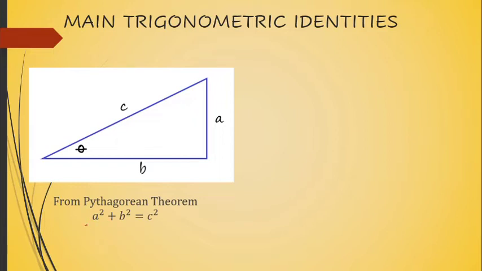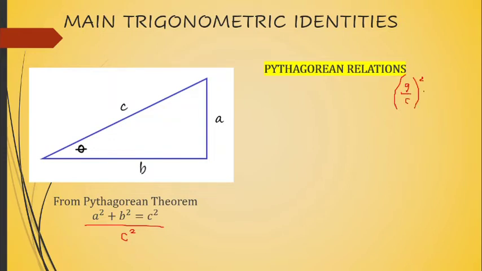If you divide both sides of the equation by c squared, from the first given, we have the Pythagorean relation: (a over c) squared plus (b over c) squared is equal to (c over c) squared, which is 1. This is our result.